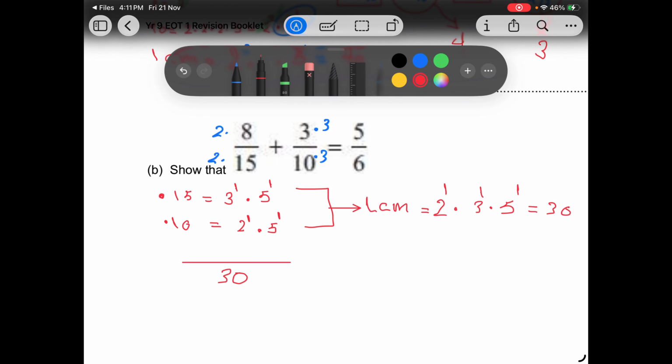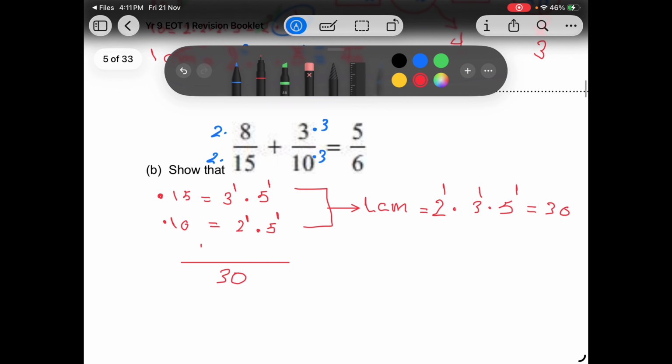For the numerator, it will be 2 times 8, which is indeed 16, and 3 times 3, which is 9, and so it's 25, right? 25 over what? Over 30.